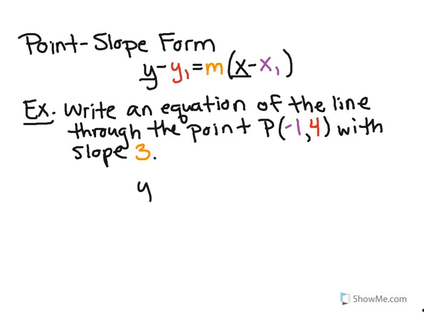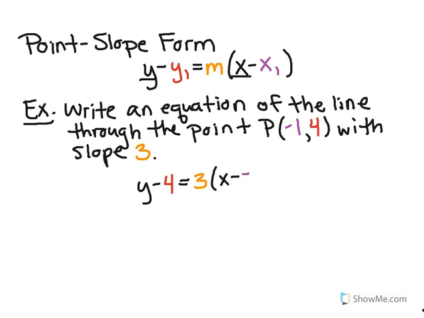So the first y, like I said, stays right where it is. I'm going to subtract whatever y1 is, which is 4, equals, and then my slope, which they said was 3. No solving involved here, which is nice. And then x minus x1.